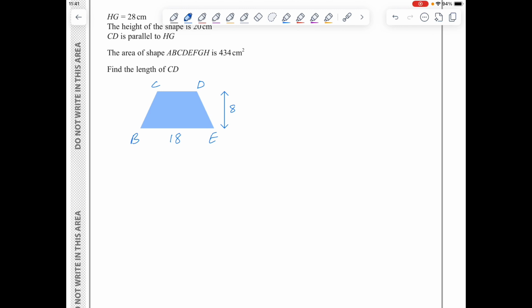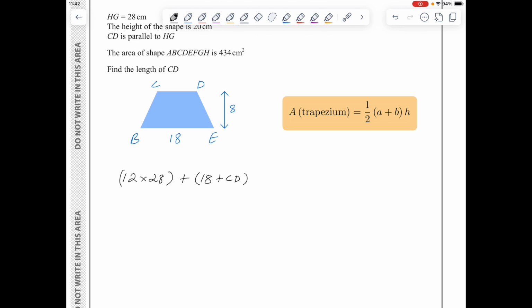So the area of the rectangle plus the area of the trapezium is equal to this number. The formula for the area of the trapezium is given, and it's the following. So let's create an equation. 12 times 28 for the rectangle plus 18 plus Cindy times 8 over 2 is equal to 434.